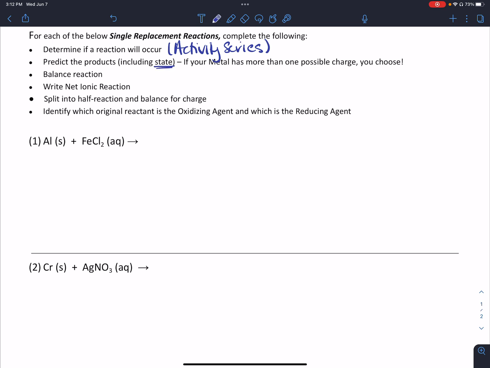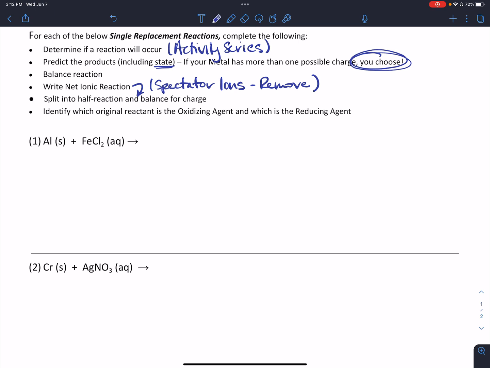Remember, some of our metals, particularly our transition metals, can have more than one possible charge, and for this activity you can choose what charge you want it to be. Once we write the products, we're going to balance the reaction. Then we're going to write the net ionic, and from that net ionic, we can split it into the half reactions. The spectator ions, we're going to remove those from our total to get to our net.